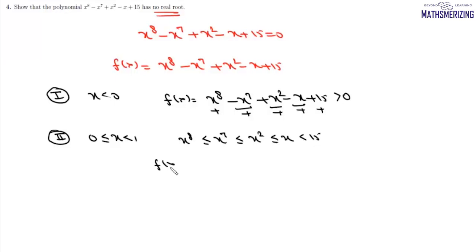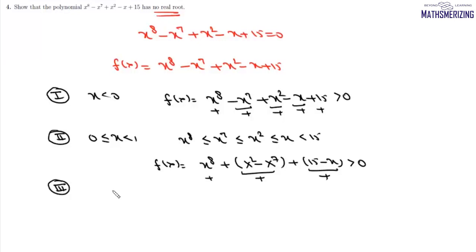Now we can rearrange this f x as x to the power 8 plus (x square minus x to the power 7) plus (15 minus x). Now this 15 minus x will be positive, x square minus x to the power 7 will be positive, and x to the power 8 is also positive. So that means this f x is also positive when x lies between 0 and 1. Now we'll consider this third and final case when x is greater than or equal to 1.